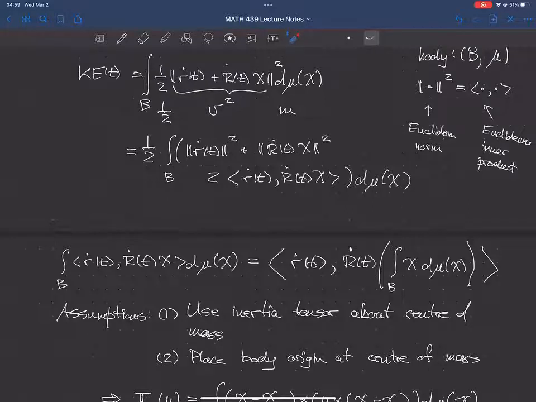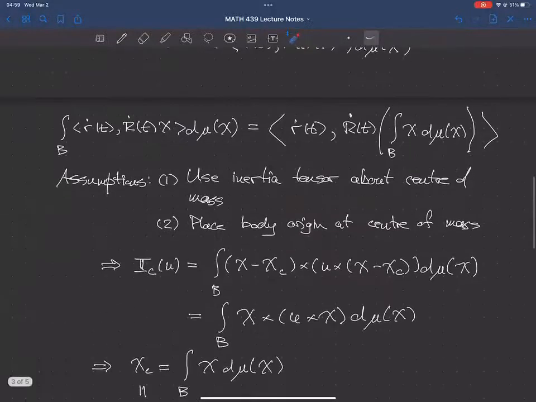One where the origin of the body frame is stationary, in which case little r dot is equal to 0, or if the origin of the body frame is at the center of mass, in which case we get that to be 0.